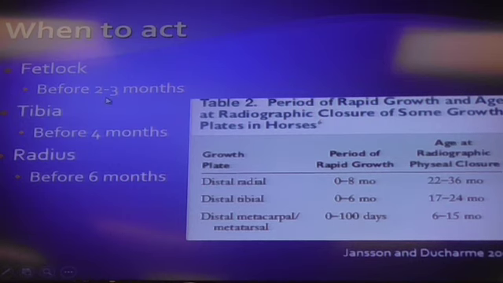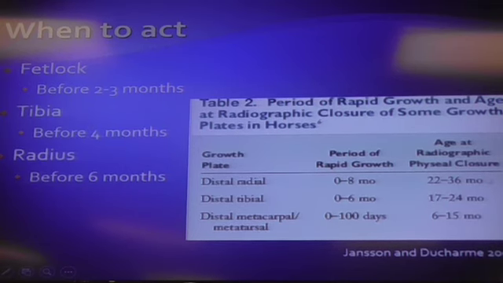If you have a fetlock and this thing is, let's say, 7 weeks old, and it's got a decent amount of deviation, you're not going to say, let's put him in a stall, I'll check him in 3 weeks and see how he's doing. With fetlock, you have to act really soon, okay? With tibia and radius, you have a little bit more time. Tibia, you want to get to them before 4 months old, radius before 6 months old.